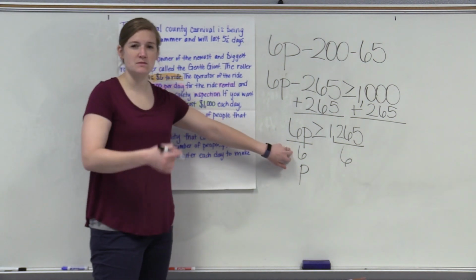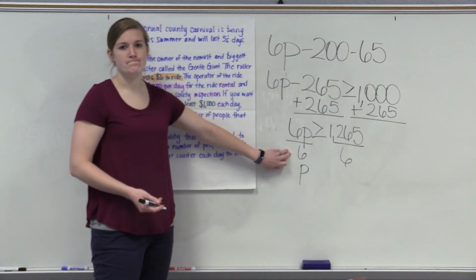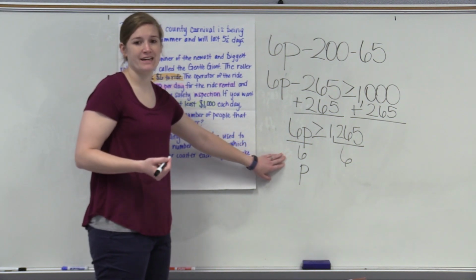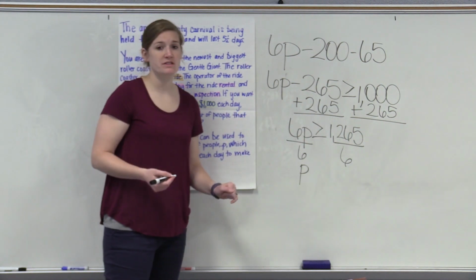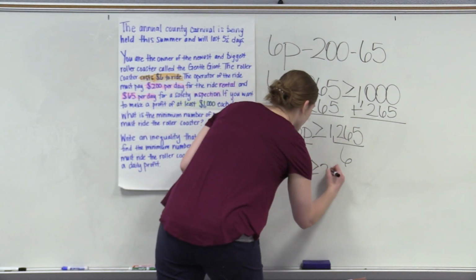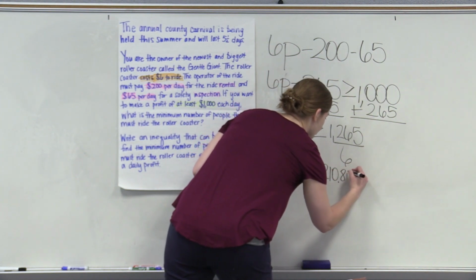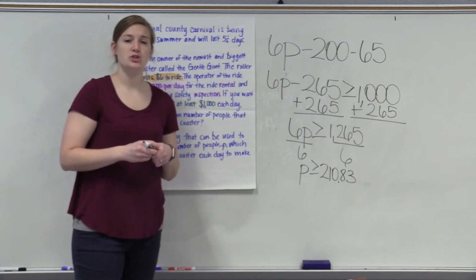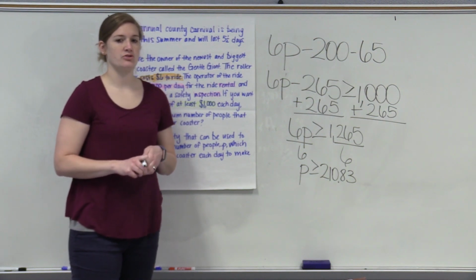Does dividing by 6 mean I need to reverse my inequality? No, we only reverse the inequality symbol when we're multiplying or dividing by a negative number. So 1,265 divided by 6 leaves me with 210 and 83 hundredths. So P is greater than or equal to 210 and 83 hundredths.